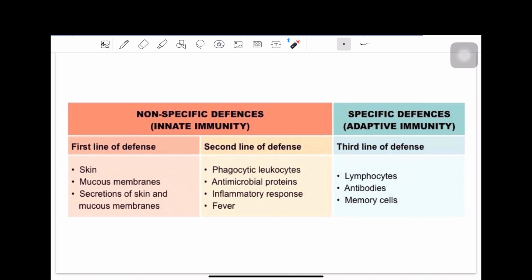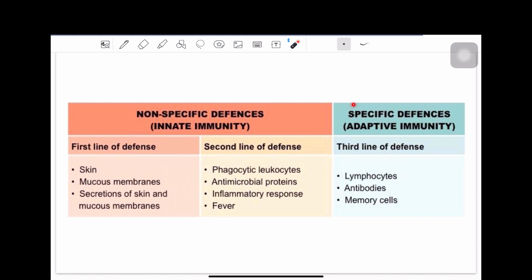So fever is a mechanism of the body where the high temperature of the body actually helps the pathogens to not replicate inside our body. So these are the first and the second line of defense, and they all give us the innate immunity.